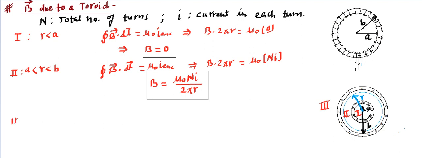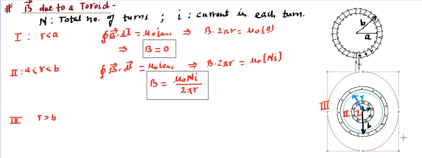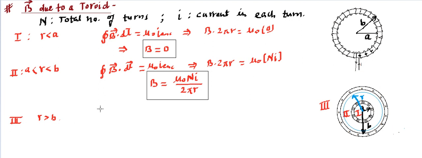And then there is the last zone, zone number 3, where r is greater than B. In the condition r greater than B, if you have an Amperian loop here, you'll find the current enclosed is going to be 0. So let me write it mathematically. Again it's Ampere's law: integral of B dot dl is equal to mu naught I enclosed.